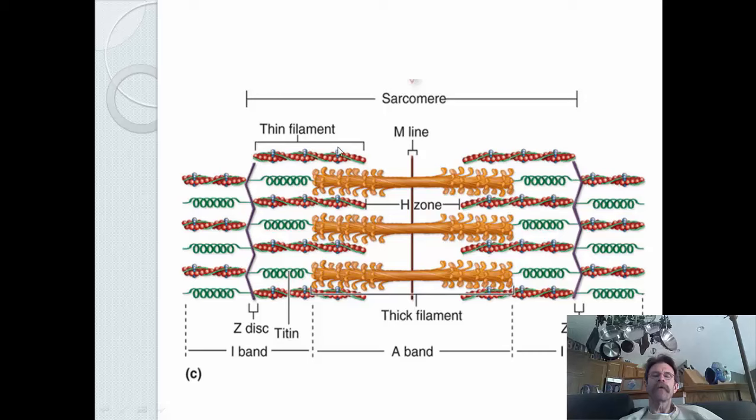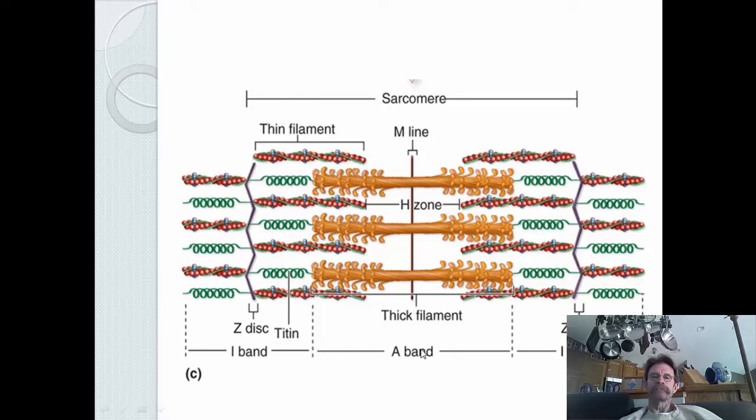Again, here's the sarcomere from a Z disc to a Z disc. Here's that Mittelscheibe, the middle line in German, and this is in the middle of this A band here.